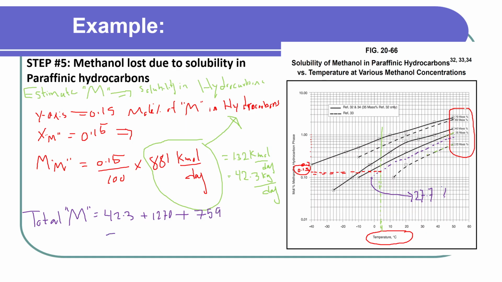As a result, the total amount of methanol needed will be 2071 kilogram per day. And as you can see, out of the 2071 kilogram per day of methanol I need, more than 50% will be lost due to evaporation.